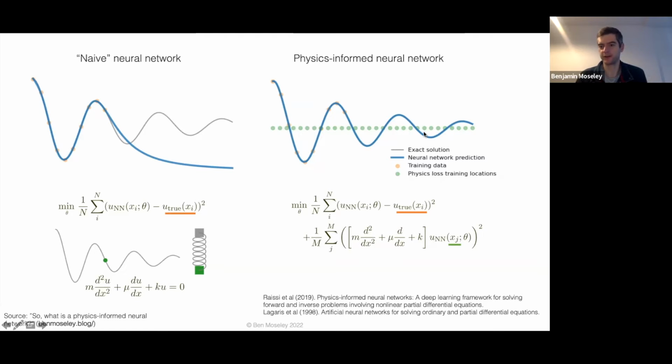That's where we're evaluating the physics loss. And so if we choose these green dots that are further away from the experimental points and minimize over the PDE loss, then we start to learn the full solution and all the oscillations in this example. So that's how PINNs work in general.